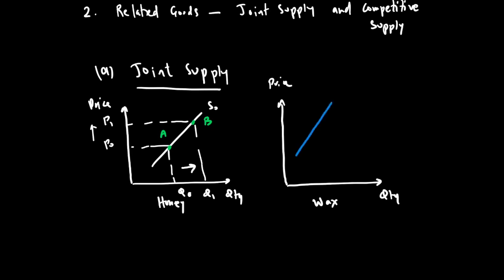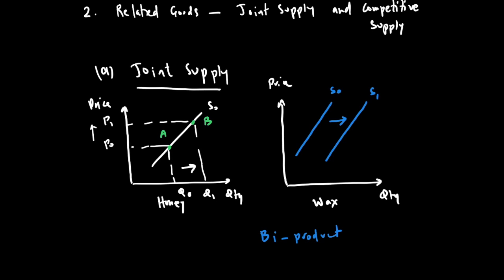Well, in the wax market, the supply of wax will go up because now there is more production of honey, and therefore more production of what we call the byproduct, which is wax in this case.